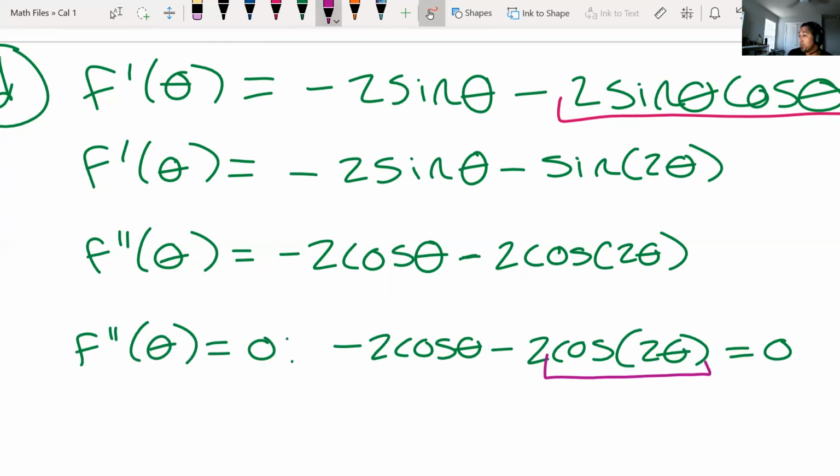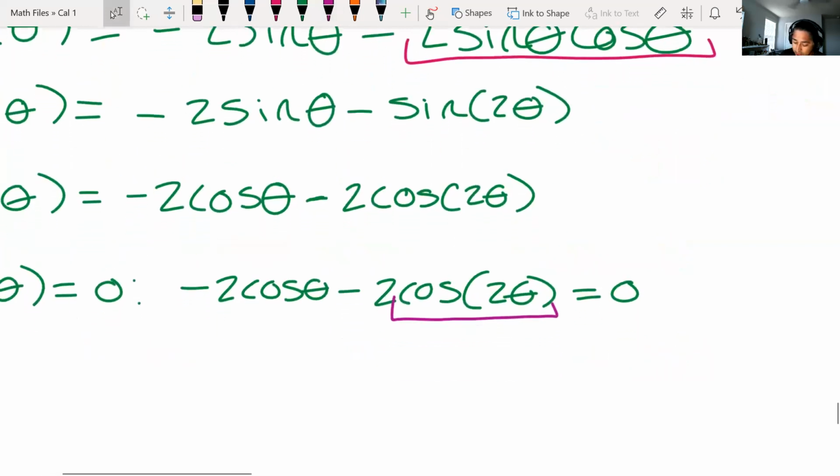What is a good identity to use for cosine 2 theta? Because what we want to do is make this equation all in terms of cosine. So remember that cosine 2 theta has 3 actual identities. So what is a good one to use that will put this all in terms of cosine?